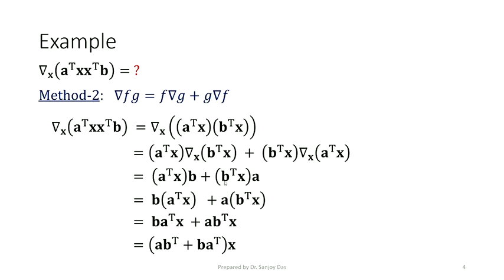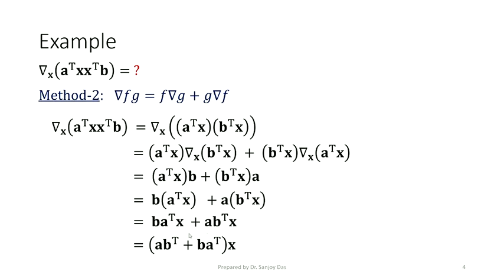I'll do the same thing here. I'll bring this B transpose X forward. So A times B transpose X. Again, I'll remind you that changing the order of the terms is only valid if it's a scalar. Okay, now we have X on the right hand sides of both terms.